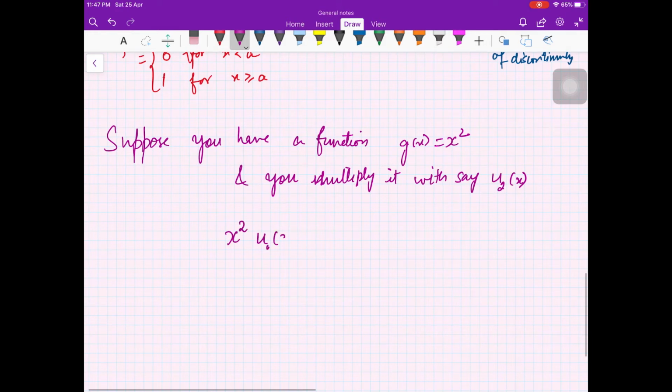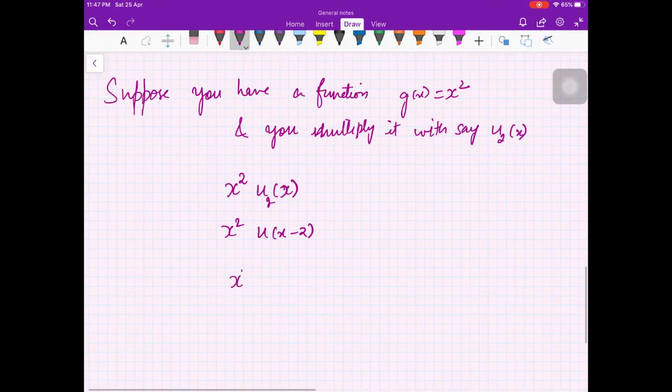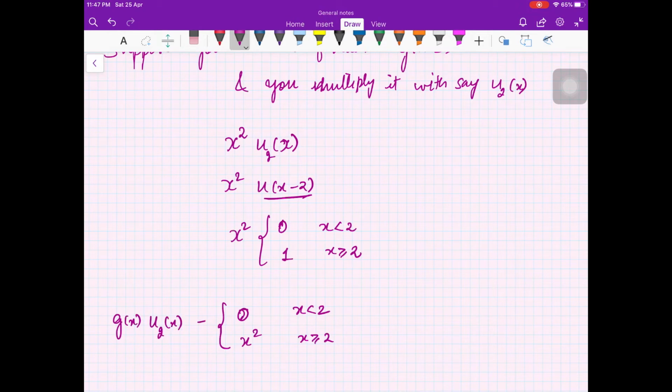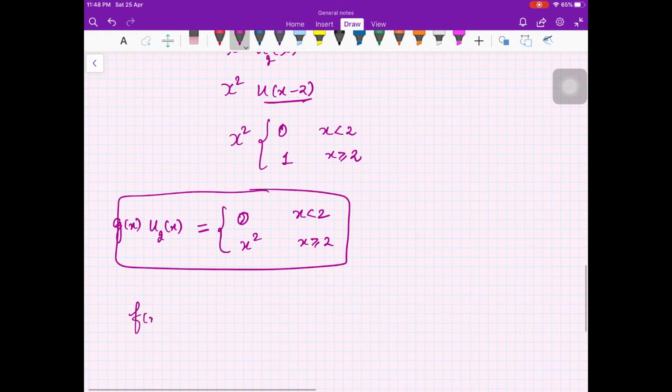You see, if you multiply your function x square with u_2(x), this is the new function, x square u(x minus 2), right? So this is x square into this function, which is 0 for x less than 2 and 1 for x greater than or equal to 2. So your function becomes 0 for x less than 2 and x square for x greater than or equal to 2, right? So if you multiply g(x) with the unit step function, this is what you are going to get.